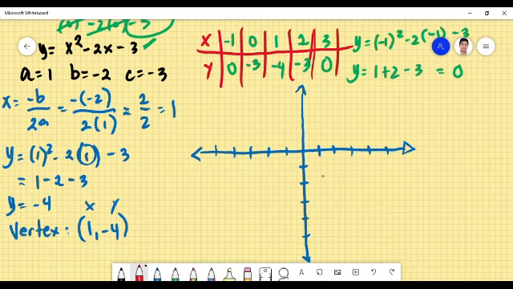Positive 1 yung x, tapos negative 4. Then we have 0, negative 3. Tapos 2, negative 3. Yan. And then negative 1, 0. And 3, 0. Tapos connect lang natin.